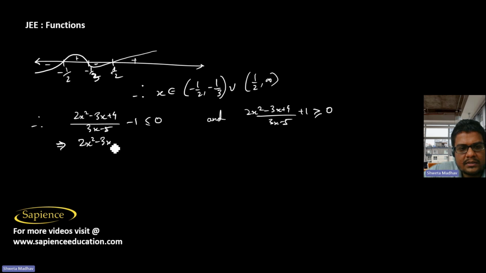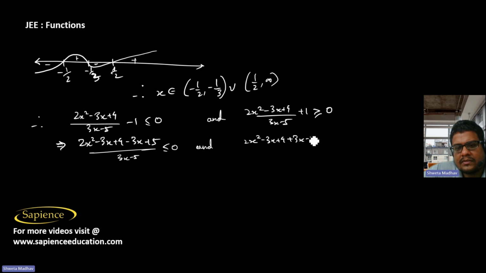2x square minus 3x plus 4 minus 3x plus 5, divided by 3x minus 5, is less than or equal to 0, and 2x square minus 3x plus 4 plus 3x minus 5, by 3x minus 5, is greater than or equal to 0.